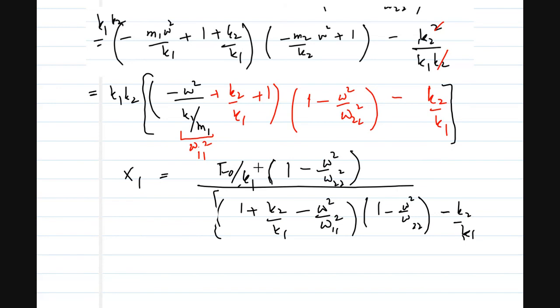Now, just for the sake of further simplicity, because k1 is appearing in two places, I have to replace it in a certain way. So just look at this. If I write k1 over m1 over k2 over m2, k1 over m1 is nothing but omega 1 square, and k2 over m2 is nothing but omega 2 square.